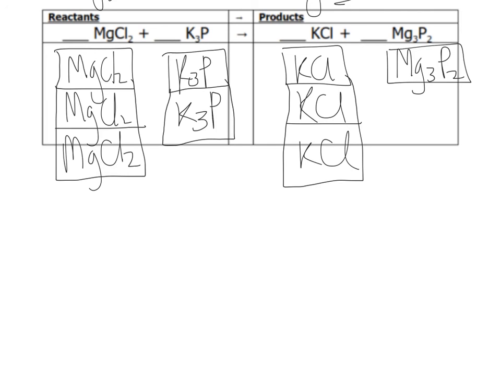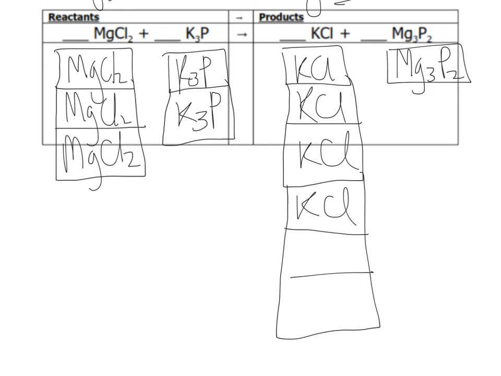Alright, so let's check. We've got K with 6. Ooh, there's only 3 on the products. So I am just going to add 3 more of these. So now I have 6 of my K's.